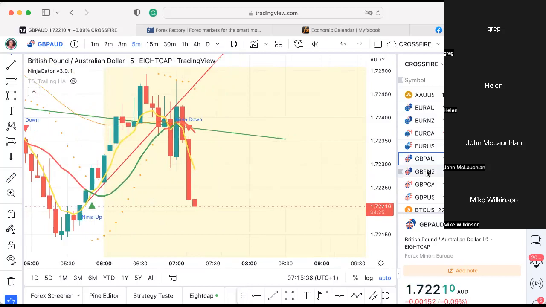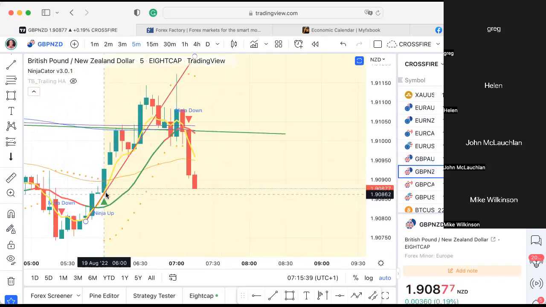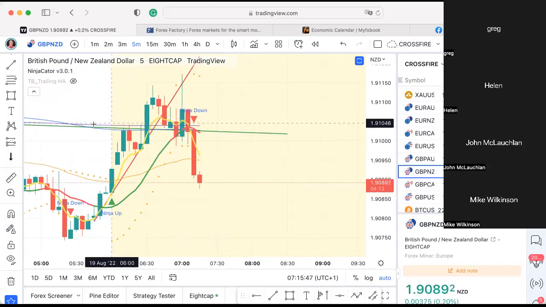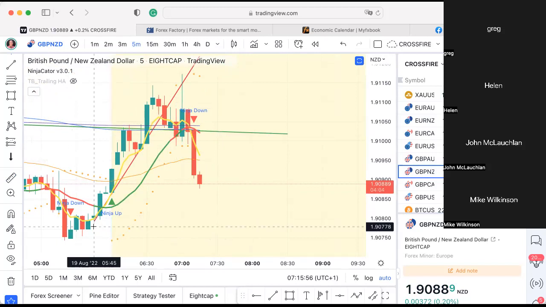And the last one. Yeah, see this imbalance? There's a bit of imbalance there, there's imbalance here. So it's broken away from this cluster of moving averages. It's gone through the 50 moving average, and I suspect it's probably going to come down here and take out this imbalance.